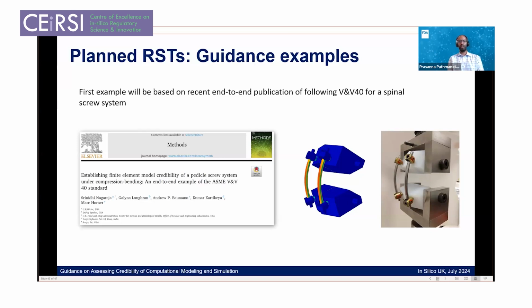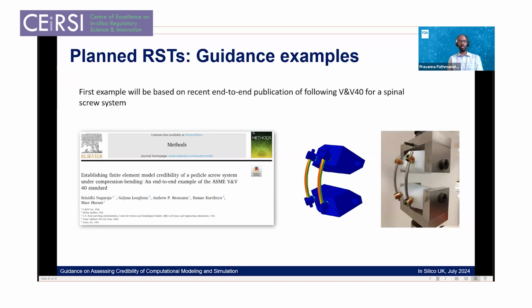What we really need are end-to-end examples of following the process that industry can just pick up and see, okay, this is what was needed for step 1, this is the credibility evidence that was generated, these are the credibility factors that we used, and gradations, and so on.